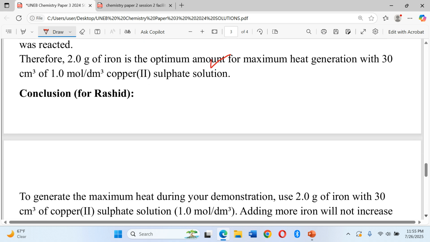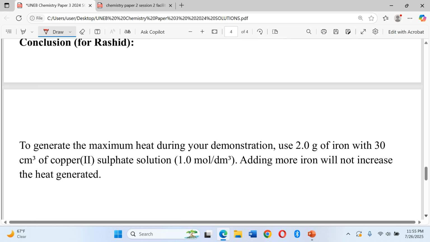Then what conclusion can we give to Rashid? We are just saying that this is the conclusion. We can say that to generate the maximum heat during the demonstration, use 2.0 grams of iron with 30 cubic centimeters of copper(II) sulfate. Are you seeing that? Adding more iron will not increase the heat generated.